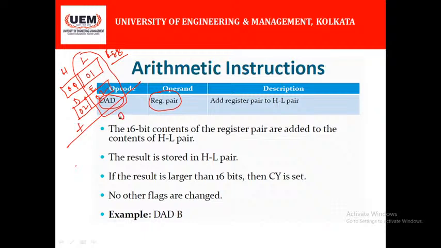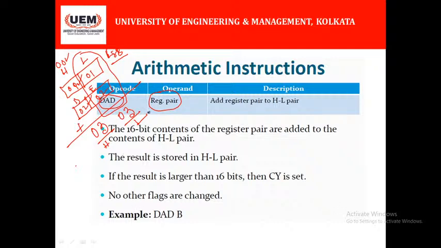After adding, the content is 03, and there exists a carry, say 00. With the carry, the value of H and the value of D are added. The result is 03. This 03 is stored in H, and this 03 is stored in L. So that is the main functionality of this operation.